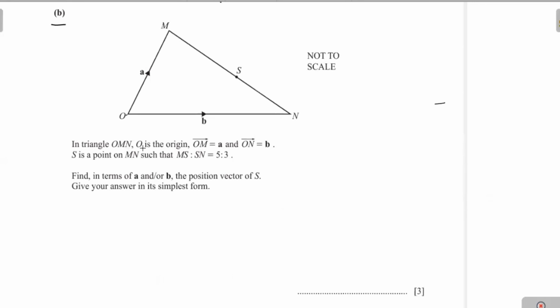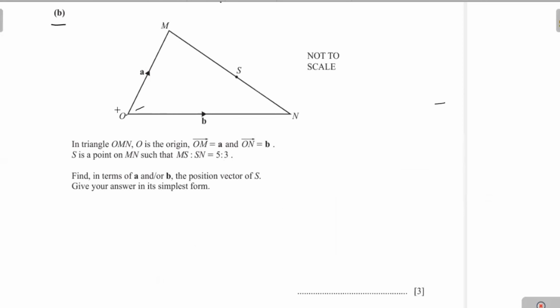Part B. In triangle OMN, O is the origin, OM equal to A, ON equal to B, S is the point on MN such that MS ratio SN is 5 ratio 3. Find in terms of A and B the position vector of S. Position vector of S means the vector OS.